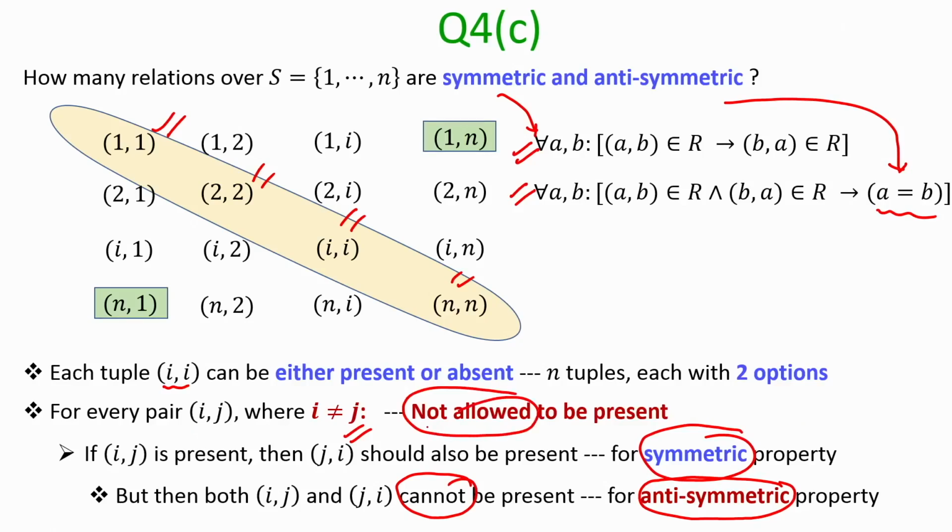That means, the only options I have are with respect to the diagonal ordered pairs, and I can take any subset of them that will satisfy the requirements of a symmetric and antisymmetric relation, and how many such subsets can I form? I can form 2 power n such subsets. So, this will be the number of relations which are simultaneously symmetric as well as antisymmetric. So, with that we end our tutorial number 3.